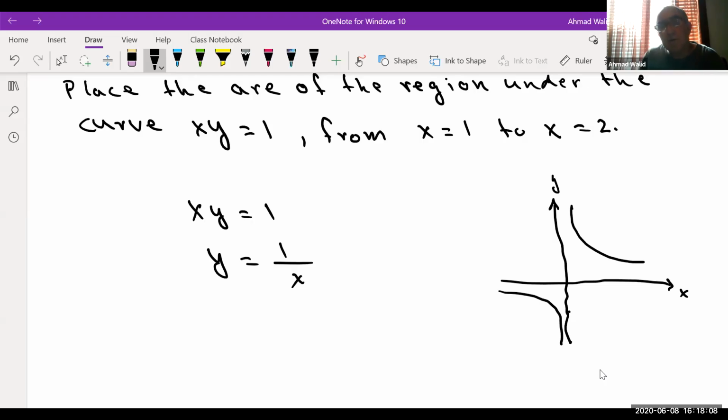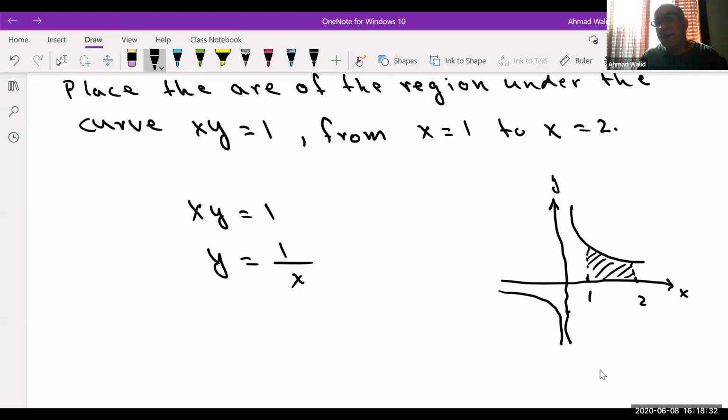Now, in this problem, actually they are asking you to find the area of 1 over x under the curve from x equal to 1 to x equal to 2. If this is 1, if it's 2, actually they are asking you to find this area under this curve.